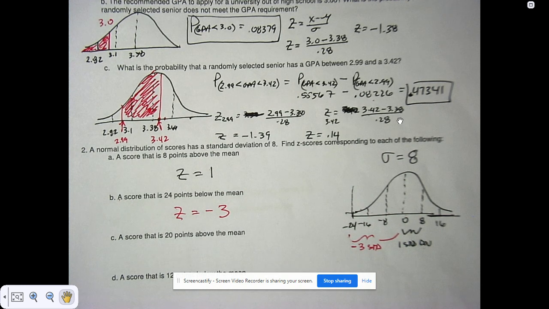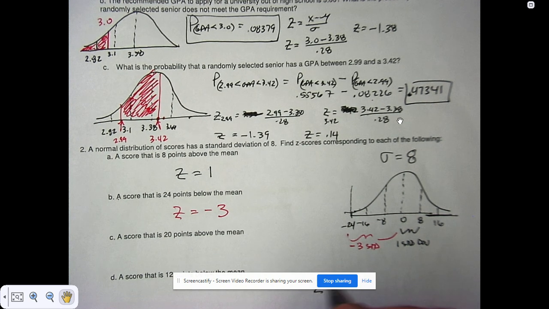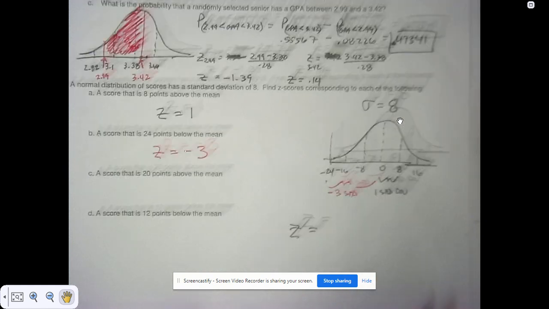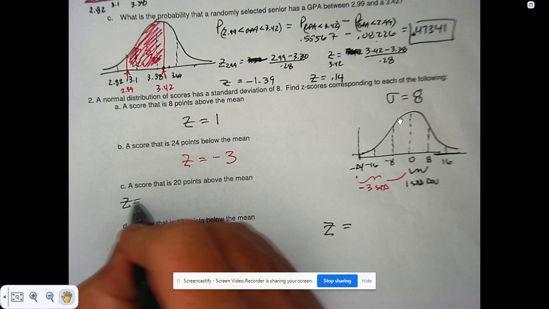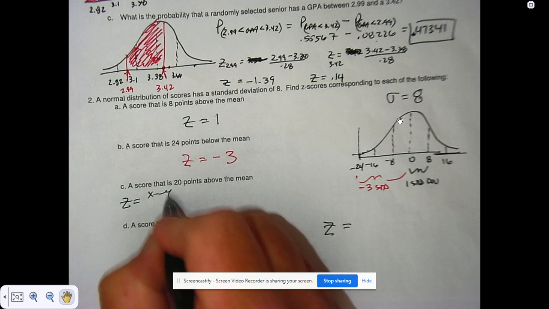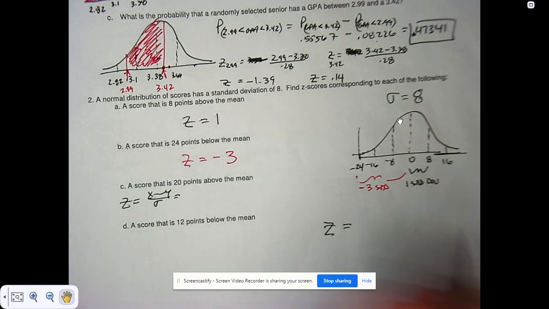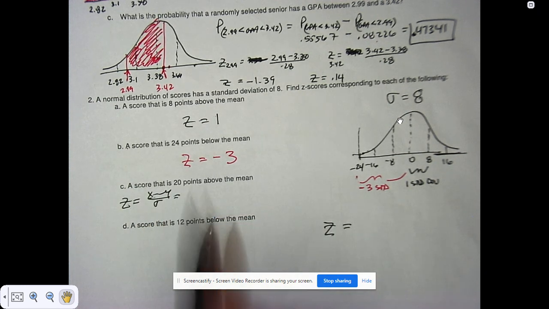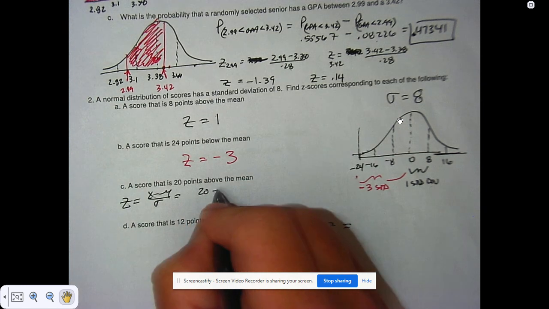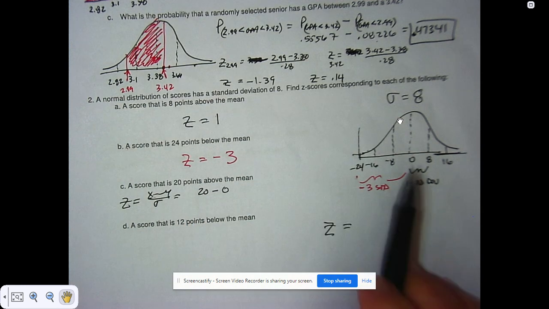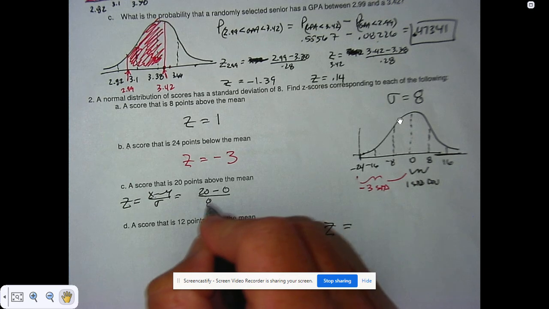Score that is 20 points above the mean. All right. Well, remember our z formula. I'll do it up here. Our z formula is x minus mu over standard deviation. X, we went 20 points above the mean, so 20 minus the mean, which would be 0 in this case, divided by the standard deviation.